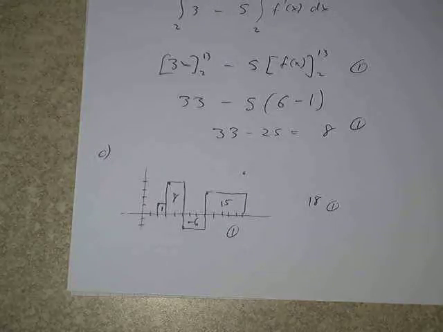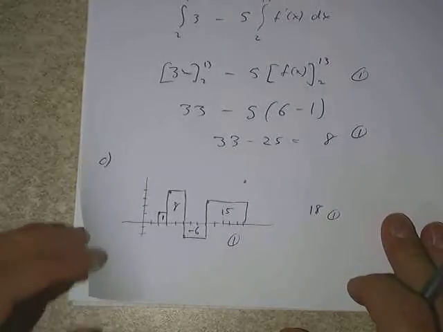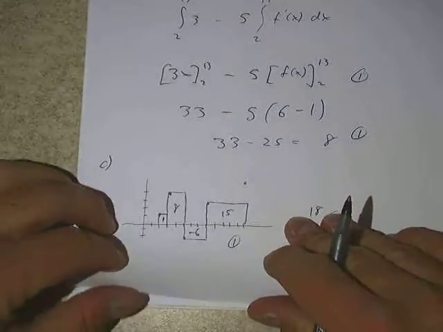If we add those up, 24 minus 6 would be 18 total. So 2 points: 1 for using a left Riemann sum, 1 for the answer. Questions?